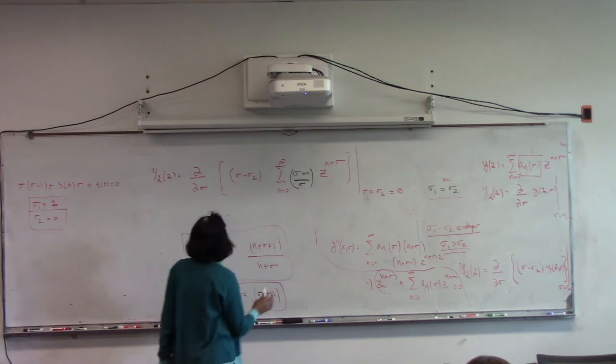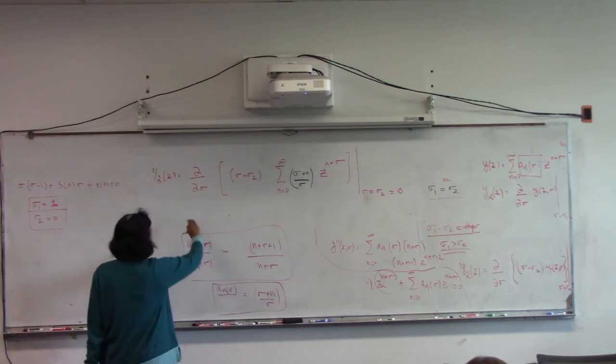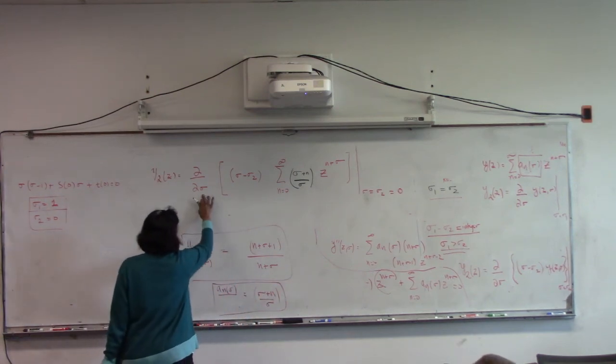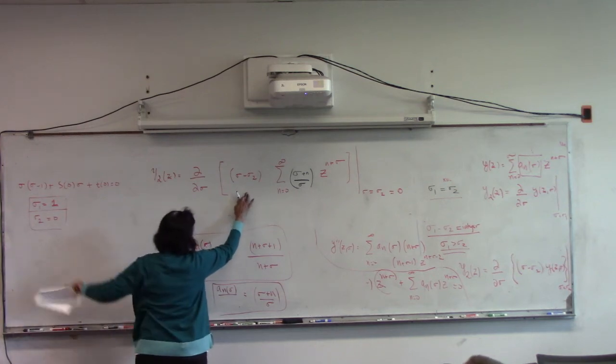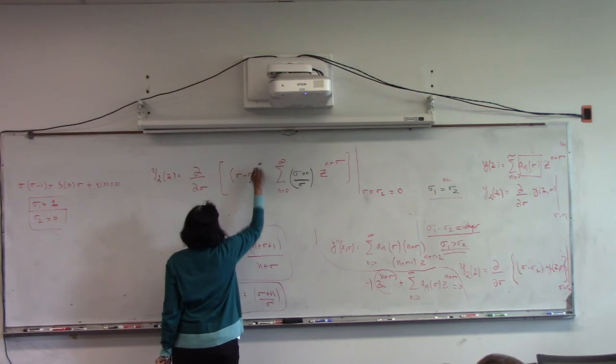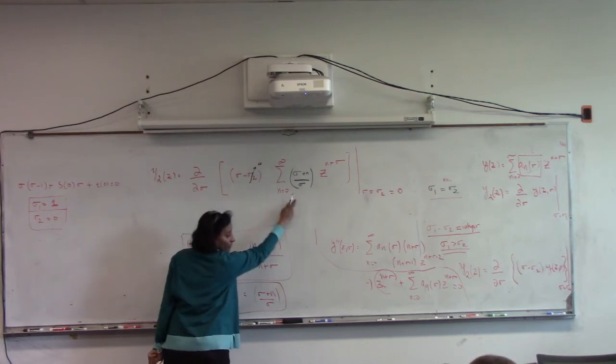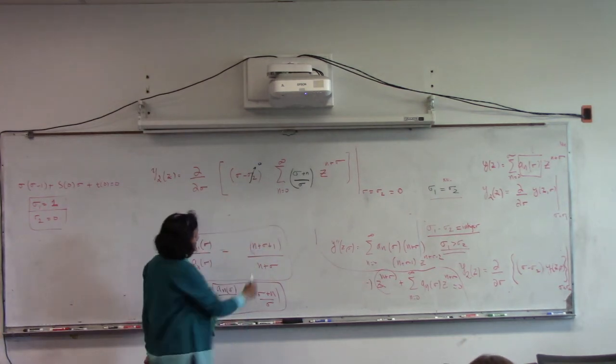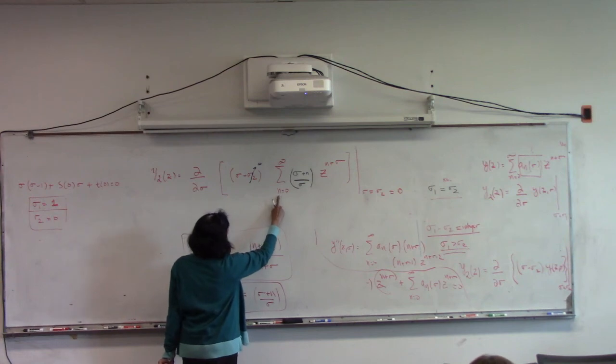Sigma 2 is 0. Okay, so I cannot substitute for sigma until I do the derivative because I need to. But sigma 2 is a fixed quantity, right? So this is 0. And I have a sigma here and a sigma here. I can cancel that sigma because it's a summation over n.